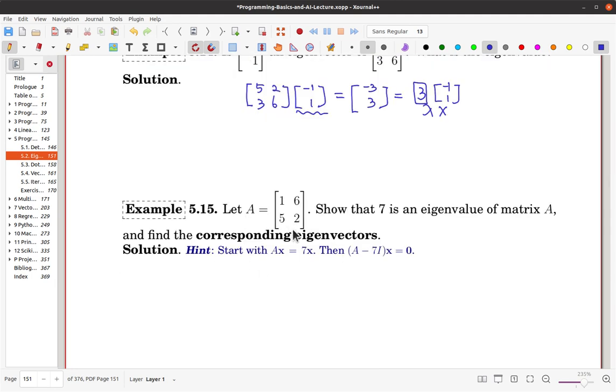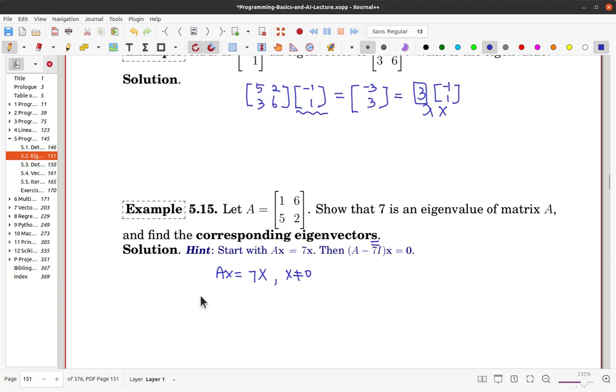A is given in this matrix, and we will show that 7 is an eigenvalue of A, and we'll find the corresponding eigenvectors. That is in plural form; we'll see why. Once 7 is an eigenvalue, we can write Ax equals 7x for some non-zero vector.